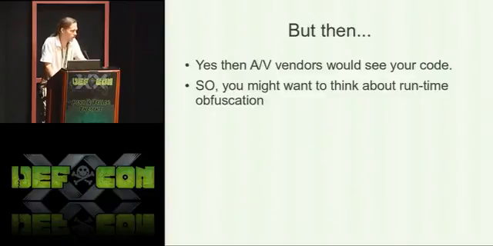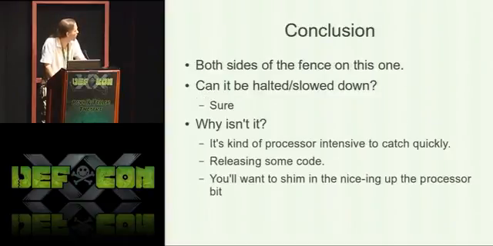And yeah, they're going to see the code, but even if you don't do obfuscation, just not doing anything hinky means you could get away with it for quite some time. Both sides of the fence, can it be halted or slowed down? Yeah, I suppose it could be slowed down quite easily. Could it be halted? Probably not, because there are too many ways that you can just try and continually change tricking things.